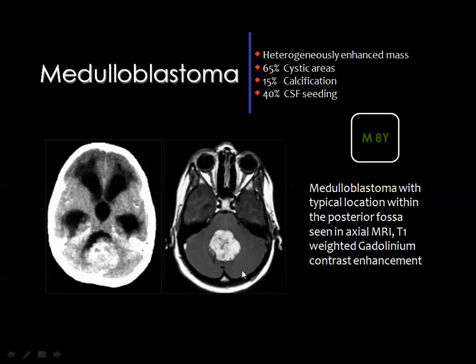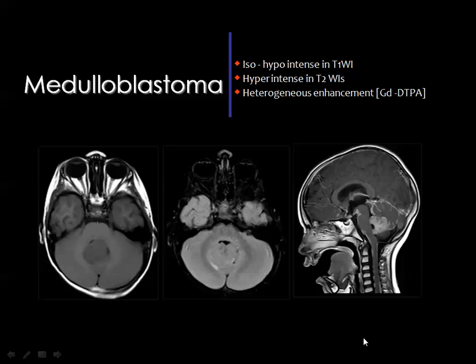And this is a case of medulloblastoma by MRI T1 weighted image, a relatively low signal lesion, and this is the FLAIR imaging, so showing some increase in the signal, and after contrast enhancement, then you got a homogeneous or heterogeneous contrast enhancement. Then if you look carefully in this image, you can see enhancement along the anterior and posterior walls of the spinal cord, and this is diagnostic of CSF tumor spread.